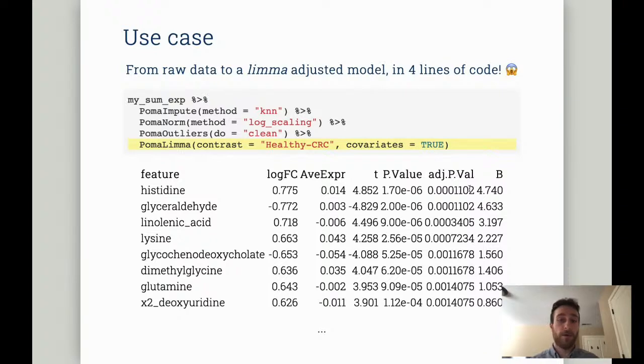You can see our p-values, log fold change, etc. So we can go from a SummarizedExperiment object with missing values, non-normalized, our messy object, to our statistical results, running only these four lines of code. And I think it's pretty easy and pretty readable.